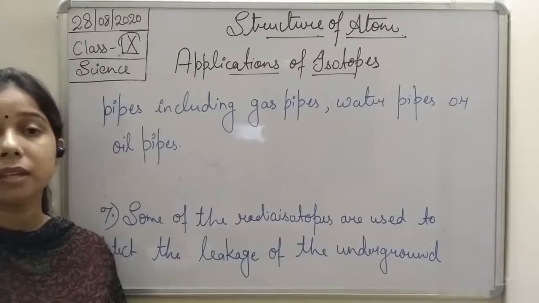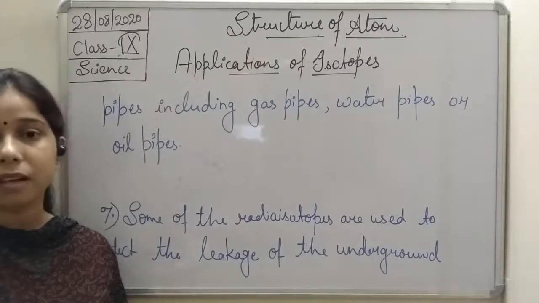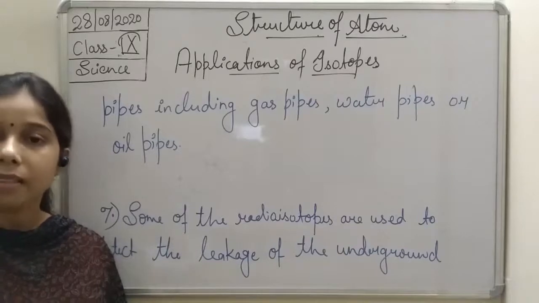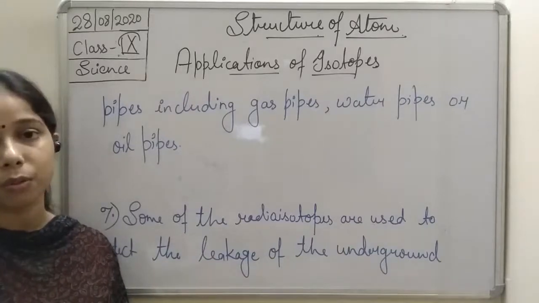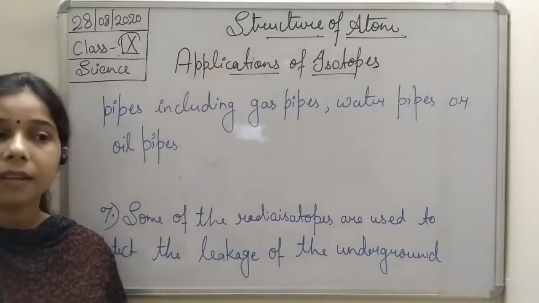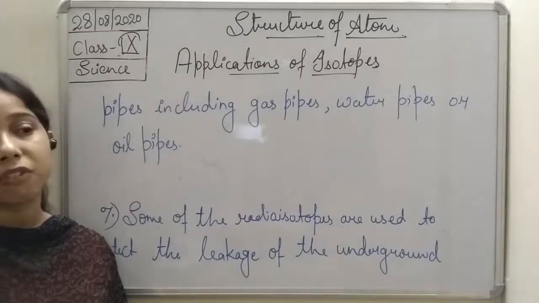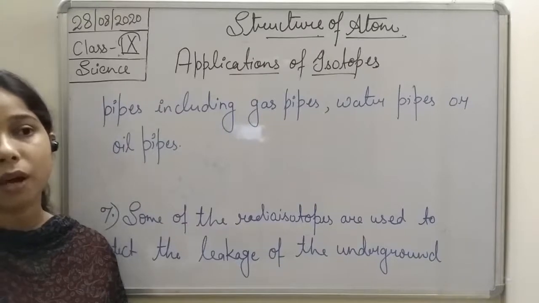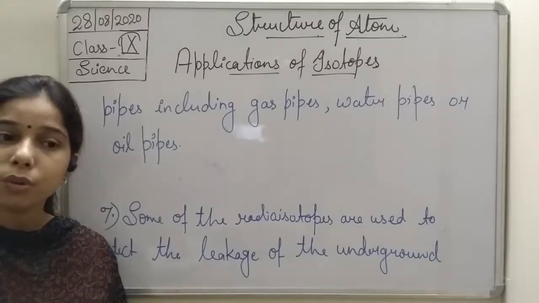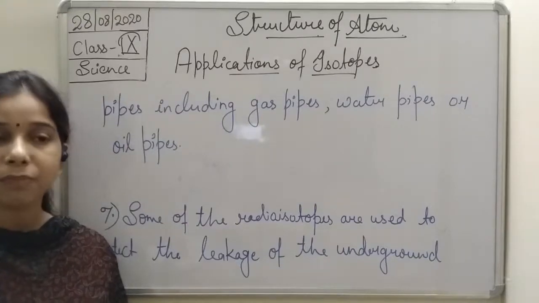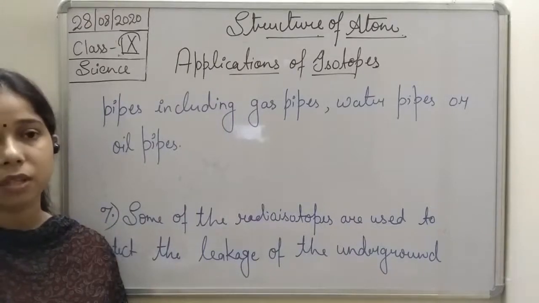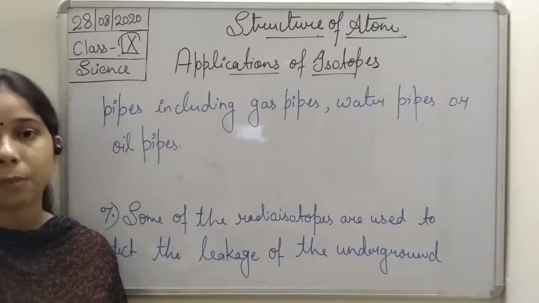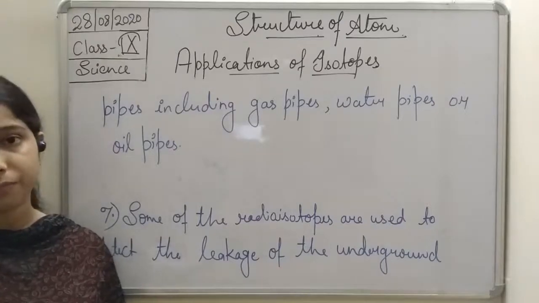Iodine-131 is used in diagnosing as well as treating a thyroid disorder, which is also known as goiter. And some other radioisotopes are used in trace amounts to detect whether any tumor or cancerous cells are present in the body or not.